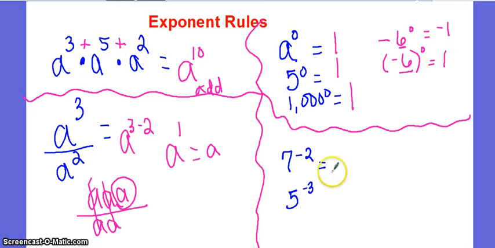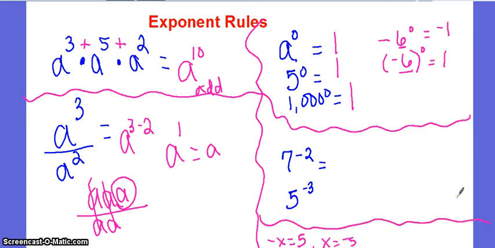And then the last one we went over was whenever you have a negative exponent. Okay, a negative exponent is kind of like whenever you solve an equation and you have negative x equals 5. That's not something you want to end an equation with. You want to change that to x equals -5. So you just flip both of them. Same thing goes true with exponents.